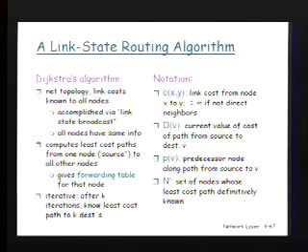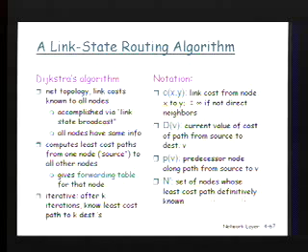As I said earlier, the complete network topology and the link costs have to be known to all the nodes, and this is achieved via a link state broadcast. So this broadcast is received by all the nodes. All the nodes have the same information and they act on this information.